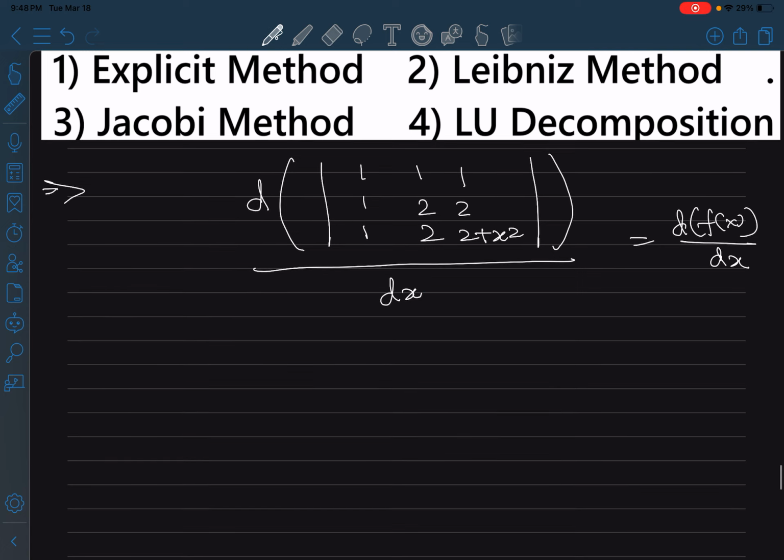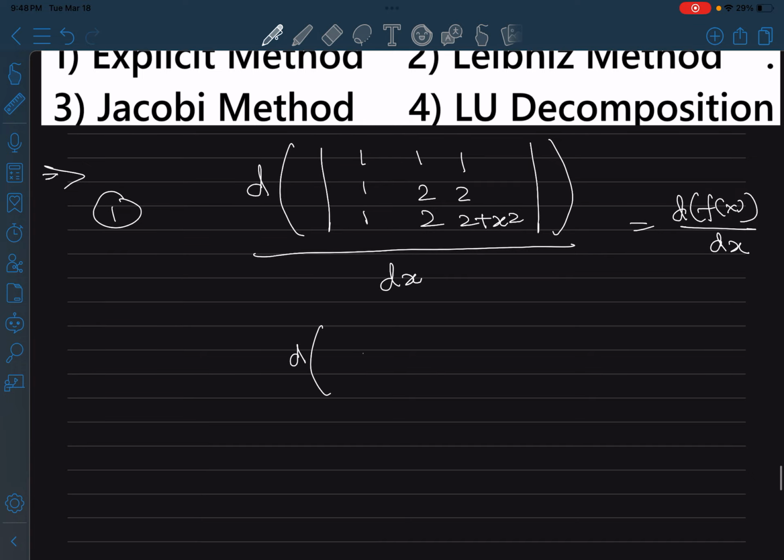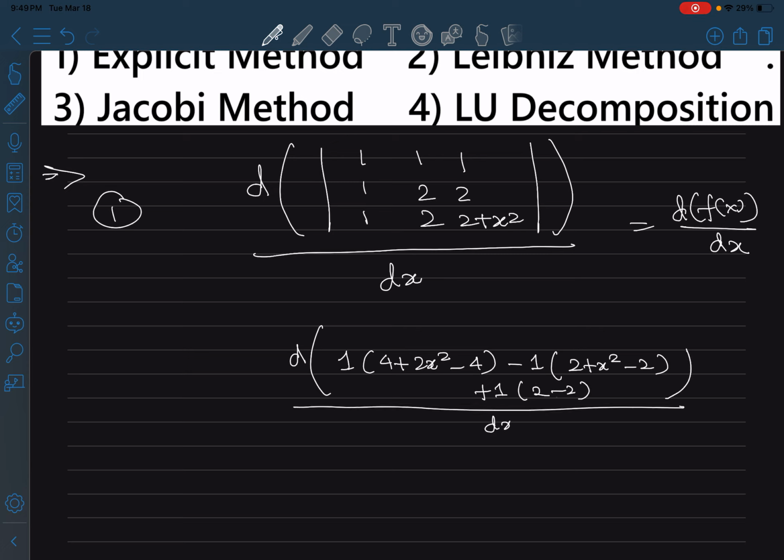Okay, now the first way, the explicit way: first of all, just find the determinant, then the derivative. So the determinant will be 1 times 4 plus 2x square minus 4, and then minus 1 times 2 plus x square minus 2, and then plus 1 times 2 minus 2, d by dx.